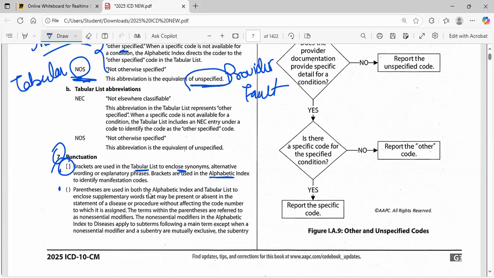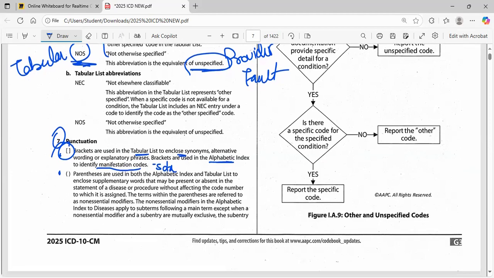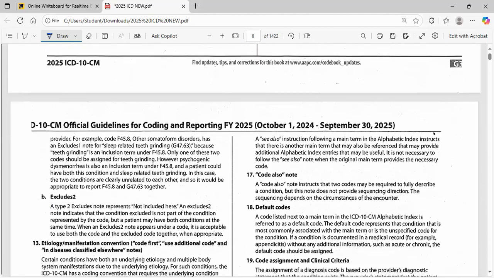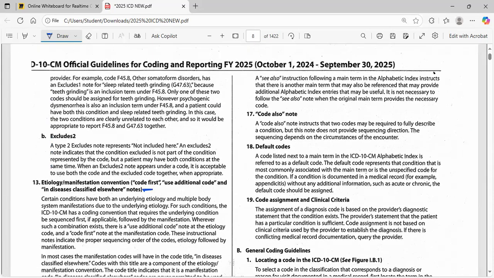However, if it is in the alphabetic index, it will tell us that this is a manifestation code and it should be the secondary diagnosis only. So manifestation will be a secondary diagnosis only, and to help us to determine the sequencing, we have the code first and use additional instructions in our manual.